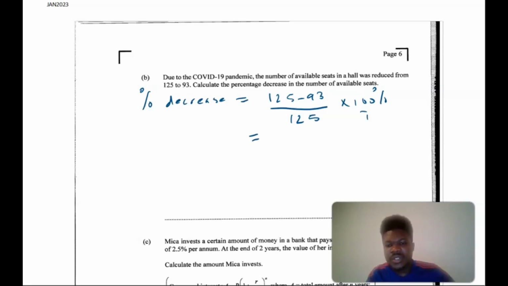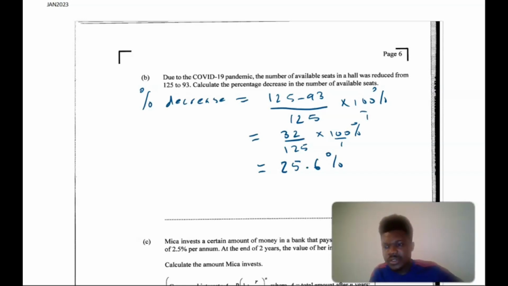So when we simplify 125 minus 93, we get 32. So it's reduced by 32. So we're finding 32 as a percent of the 125. We can just enter all of this in a calculator: 32 divided by 125 times 100, and we get 25.6%.